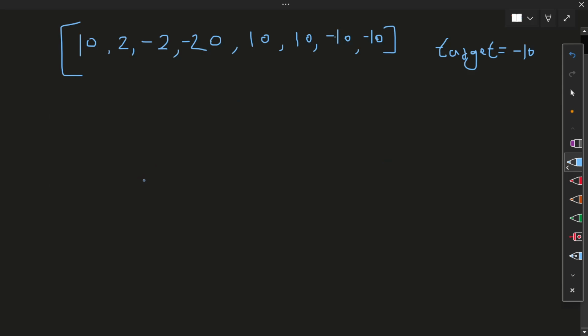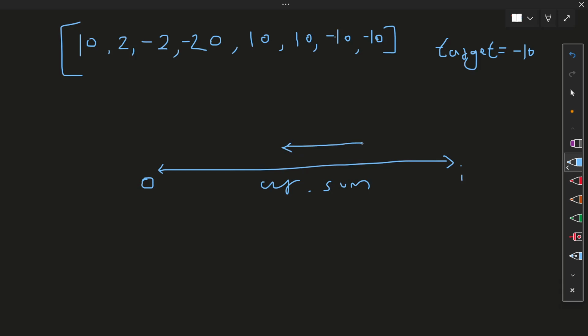One key observation here is, let's suppose we got a summation from i to j. Before that, let me tell you that from 0 to ith index, we got a summation as current sum, and from this to this index we got target.